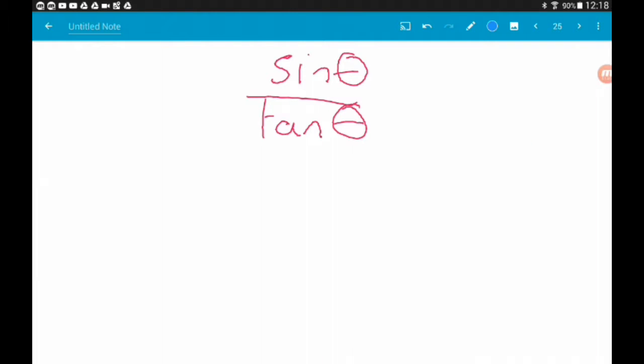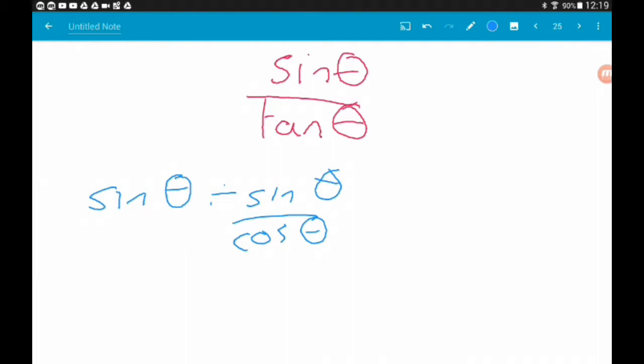Okay, example 2, sine of theta divided by tan of theta. So, again, tan of theta is sine theta over cos of theta. So we've got sine of theta divided by sine theta over cos of theta.